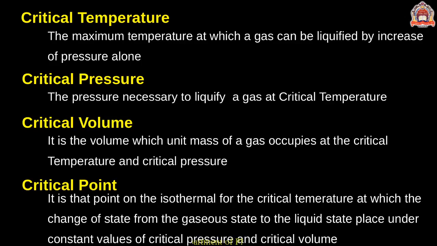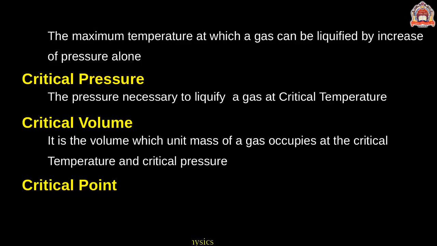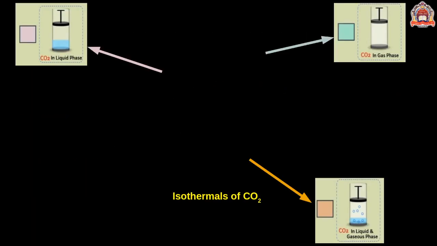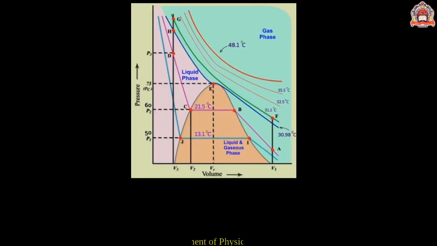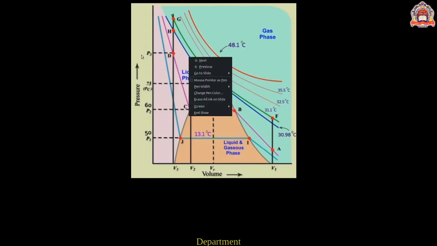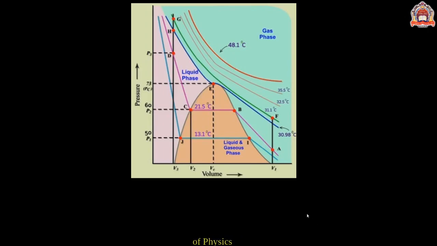So go to the first slide. Here, this region where we are indicating, from here this line and from here this line represents the liquid and vapor states combined, and it is in the liquid state.